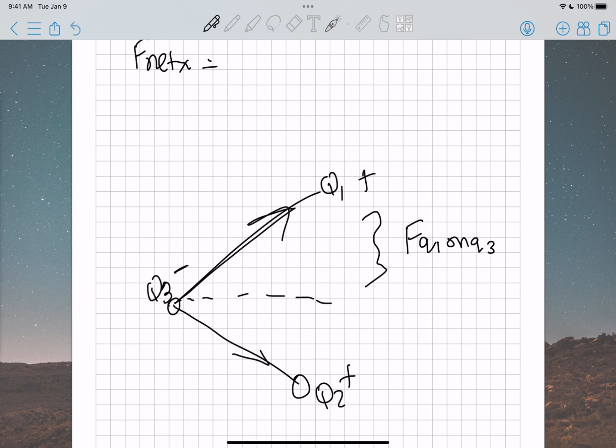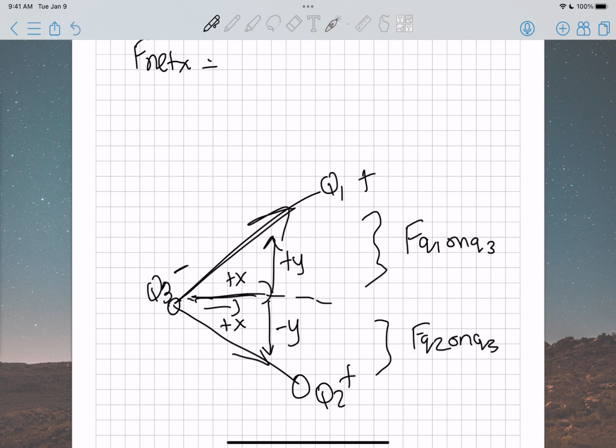Yes, positive y-axis and positive x-axis, right? How about Q2 on Q3? So negative y, and then another positive x, right?